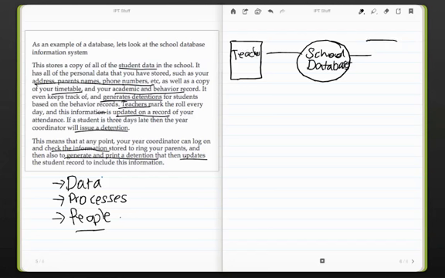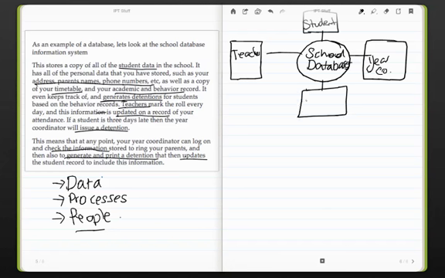And we have another external entity here, which is the year coordinator. Okay, and we have another external entity, which we're going to fit up here very faintly, is the student. And the other external entity here is the parent.